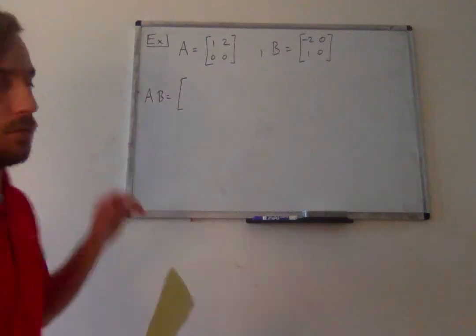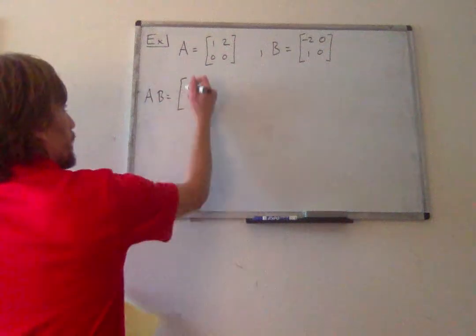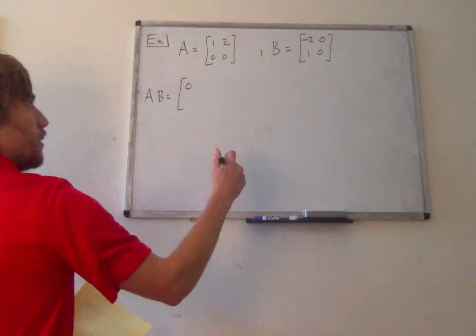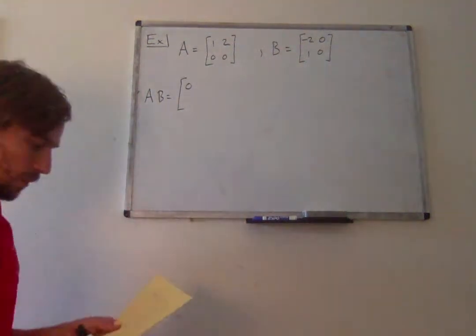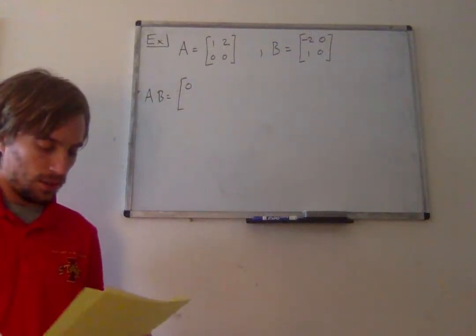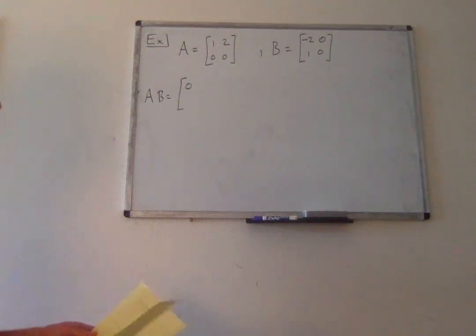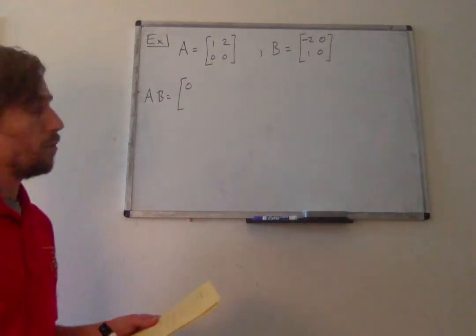And what do we get? Well, doing the dance, we match up 1, 2 with negative 2, 1. We get 0. Then 1, 2 with 0, 0.